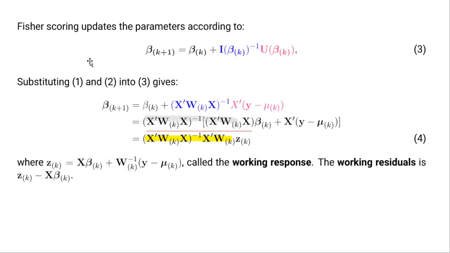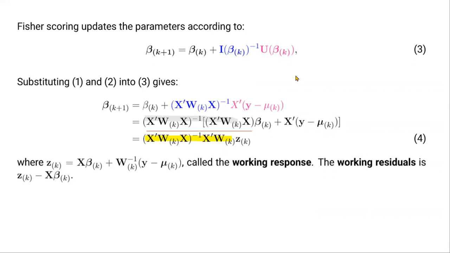Now let's discuss how we reach this IWLS. Using the Fisher scoring updates, we can write this expression. Now, if we substitute previous results based on the score and the Hessian, we get the information in here.